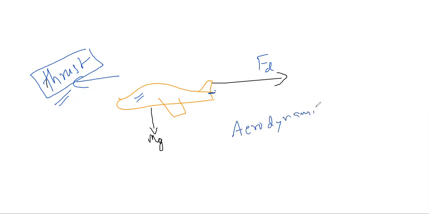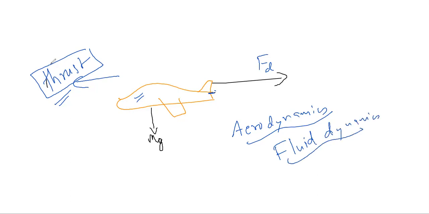There is a chapter on aerodynamics, fluid mechanics, fluid dynamics, where we will see it in detail. So here, only one thing to remember, that this thrust is due to the internal power of the aeroplane. This is provided by the internal power of the plane.